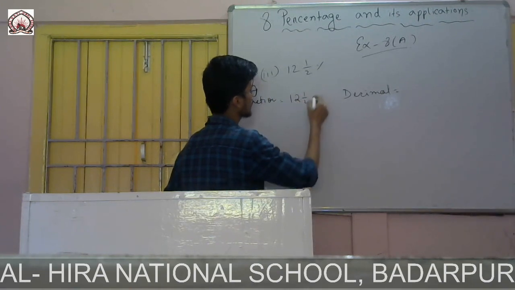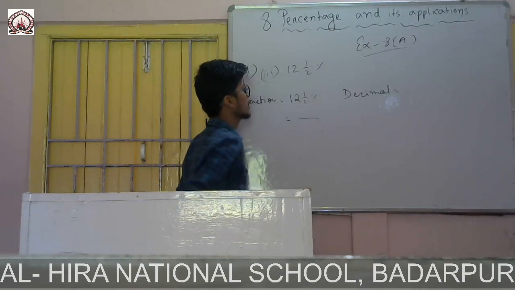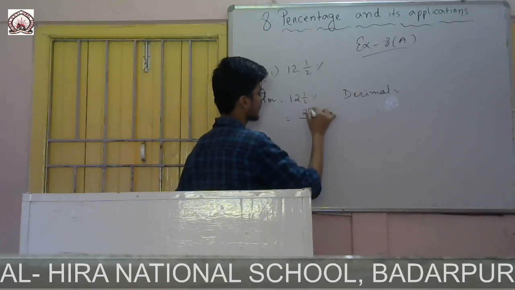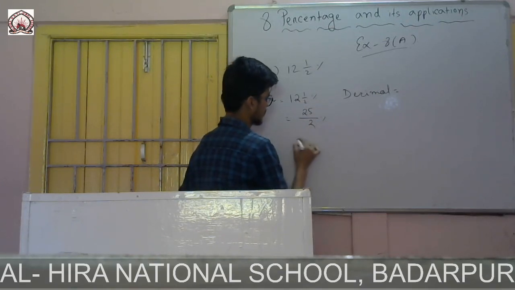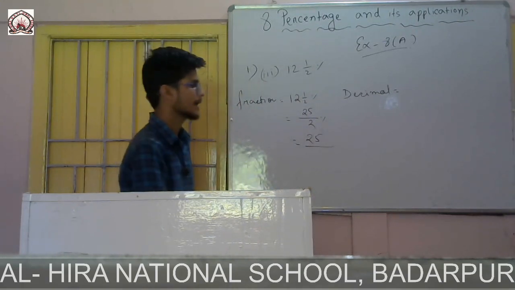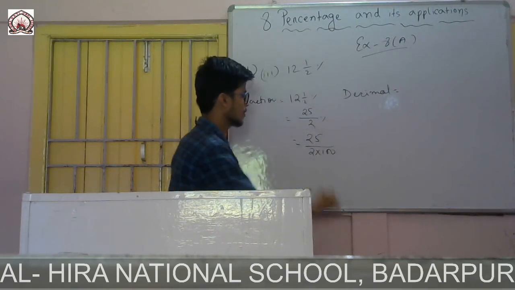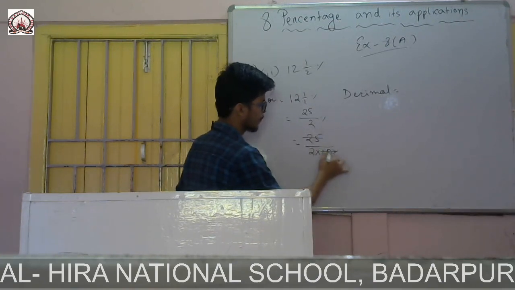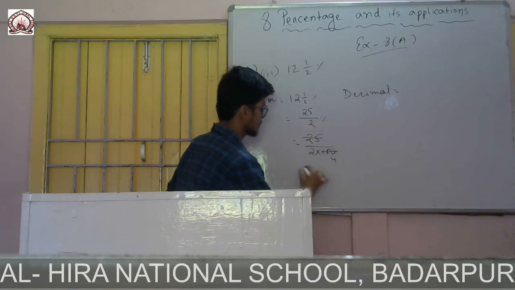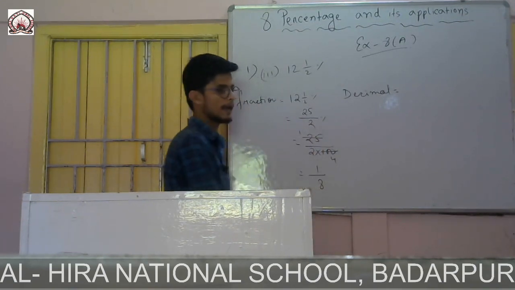I can write it as 12 times 2 is 24 plus 1, 25 by 2%, which I can write simply. If I want to remove this percent sign, I have to divide it by 100. So we know 25 4s are 100, which is equal to 1 by 8. There is 1 left, and 4 2s are 8.